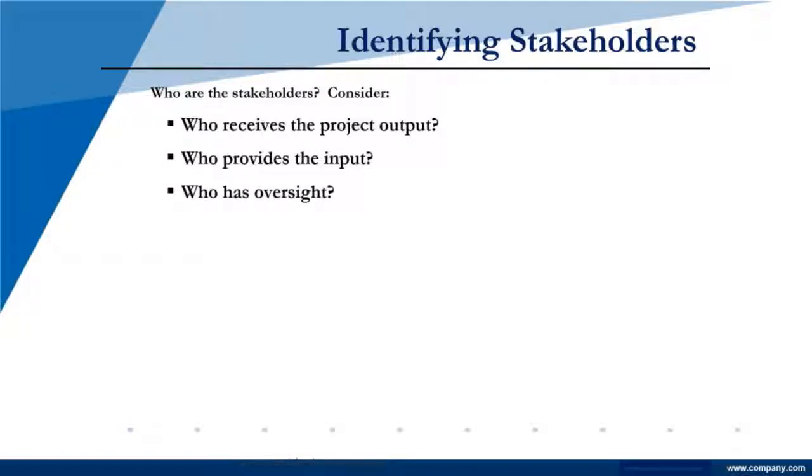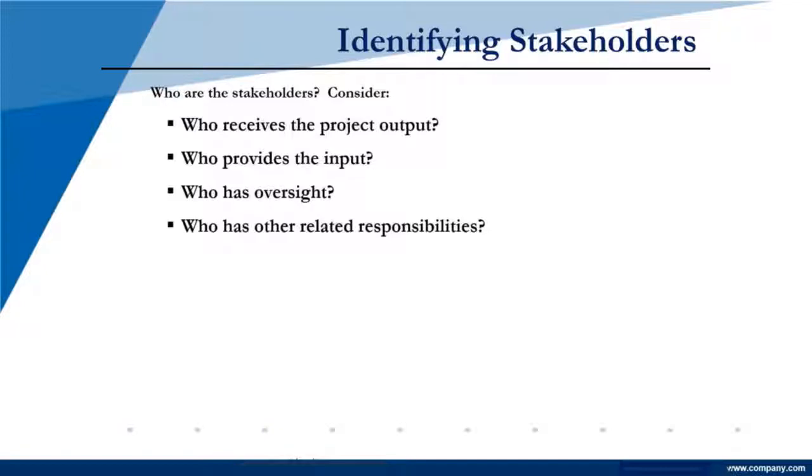Who has oversight? Somebody is in charge of the application you're developing or oversees the department in which this project is being done, then those who have oversight are legitimately stakeholders into the effort.